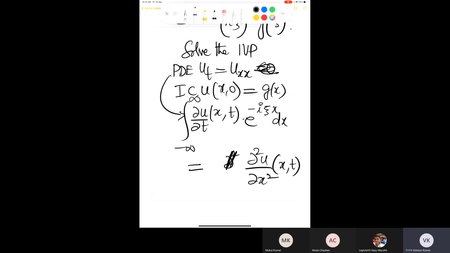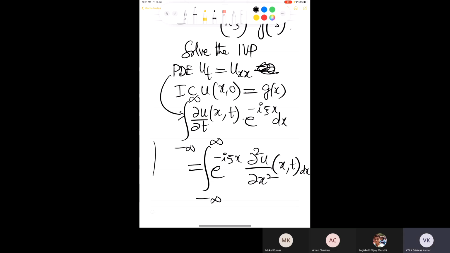Taking the Fourier transform, we multiply by exponential minus i xi x and integrate from minus infinity to infinity dx. So I took the Fourier transform on both sides.